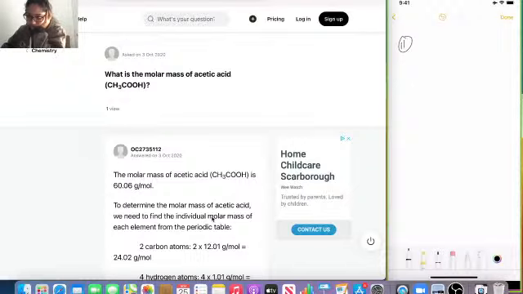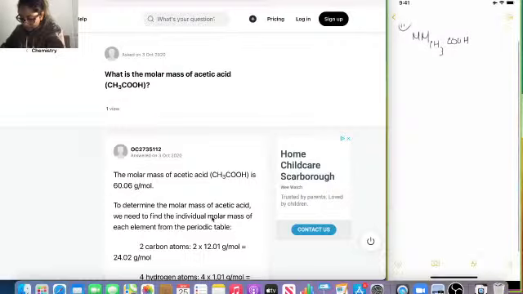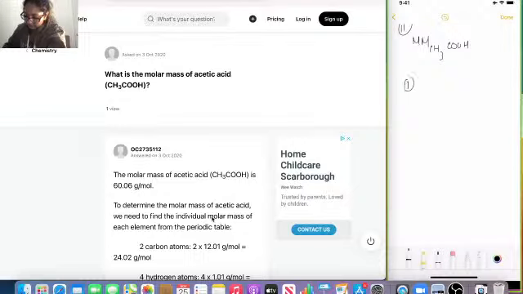The chemical formula of acetic acid is CH3COOH. In this case I would calculate the carbon atoms first, the molar mass of the 2 carbon atoms here.